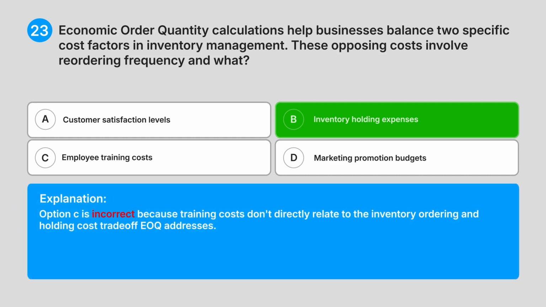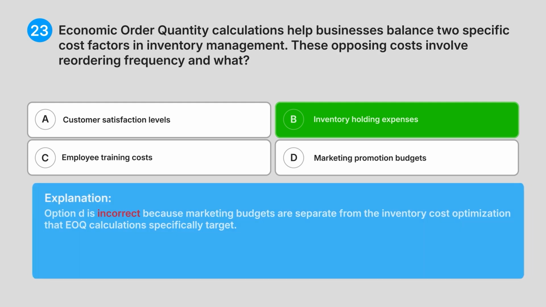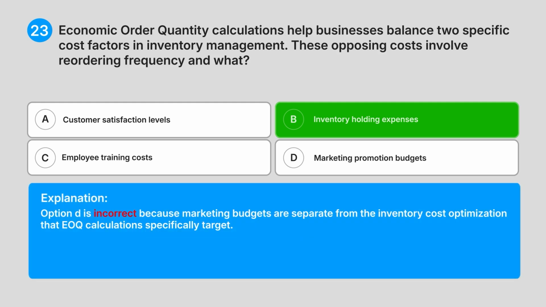Option C is incorrect because training costs don't directly relate to the inventory ordering and holding cost trade-off EOQ addresses. Option D is incorrect because marketing budgets are separate from the inventory cost optimization that EOQ calculations specifically target.